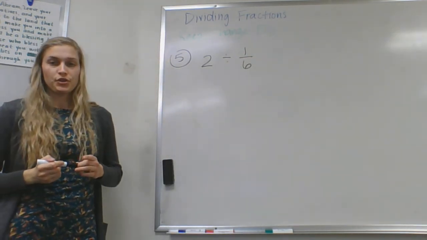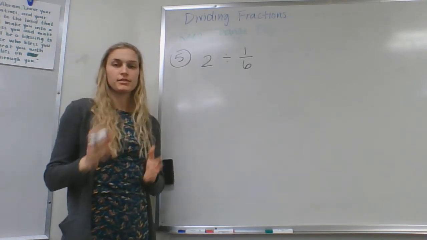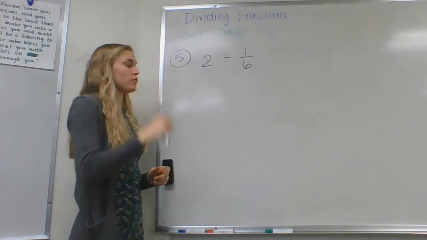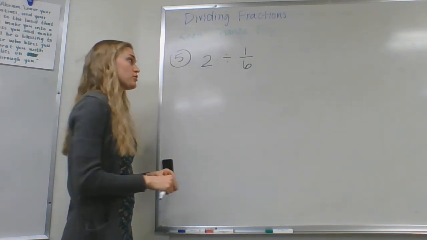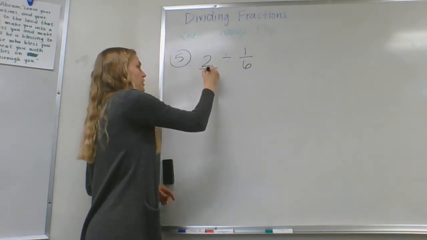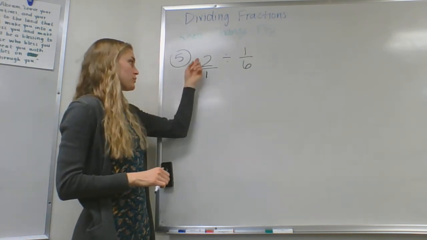So let's go ahead and put our 2 as a fraction so that they're both fractions. I feel like it's less confusing if we just stay uniform and do the same thing every time. So since there's a whole number in there, we're going to make them both be fractions. We're not really changing 2, we're just going to put it over 1 because that's the same thing. 2 equals 2 divided by 1.